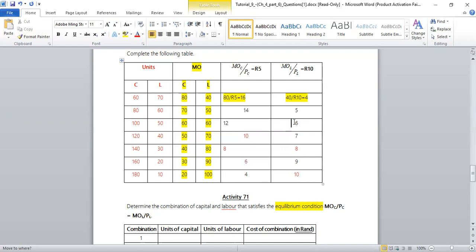Then 6 here that appears on both sides. Then let's check 4. Here is 4. And even here it's 4. Guys, so far, do you understand what's going on?